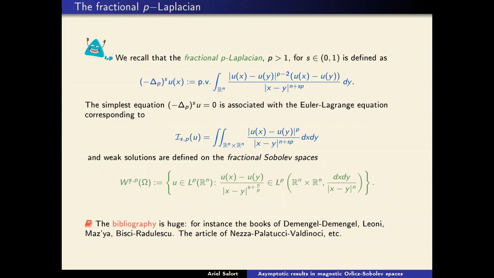Here this number s is, in some way, the amount of derivatives in the space. So when s is equal to 1, you expect to recover the space W^{1,p}, functions in L^p and the gradient in L^p. And when s is equal to 0, you expect to obtain the space L^p, because the function is in L^p and there are no derivatives.